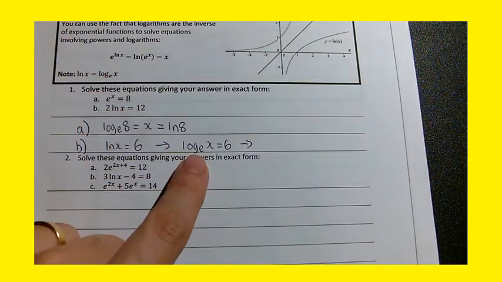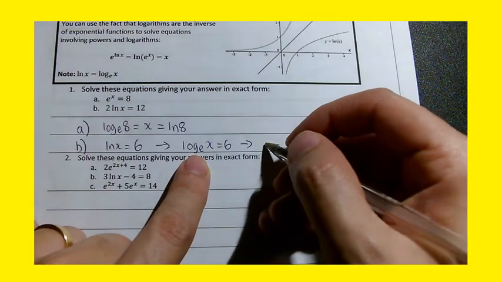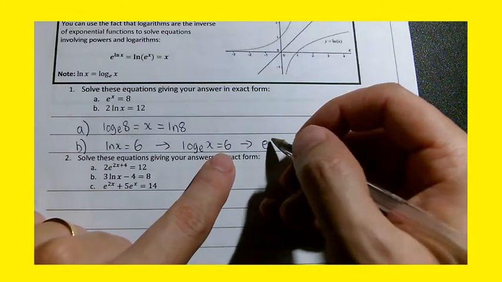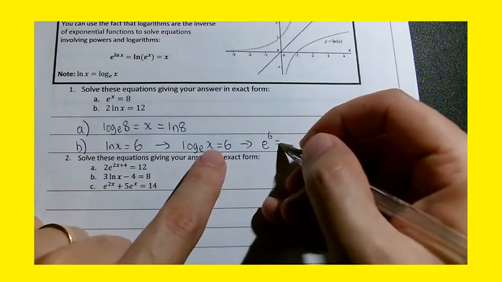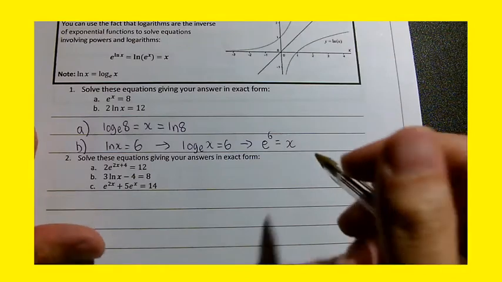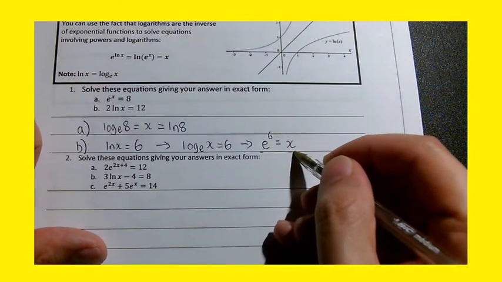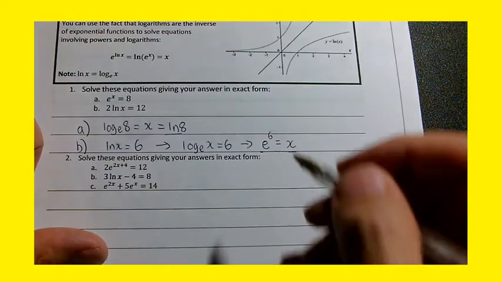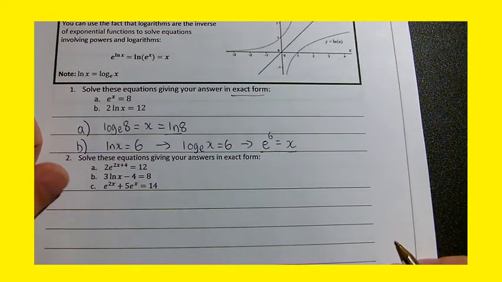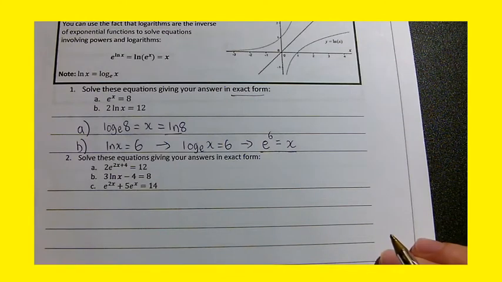And in exponential form, this e, which was the base, must have originally been the base of the exponential. 6 would have been the power, and x would have been the value. Okay? So the solution is e to the power of 6. And these are what we call exact form solutions, okay? Either in terms of ln or e to the power or something. We do not convert them to decimals to get exact form.